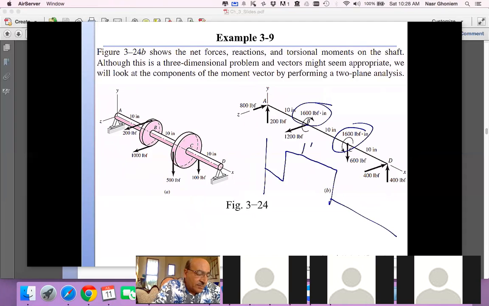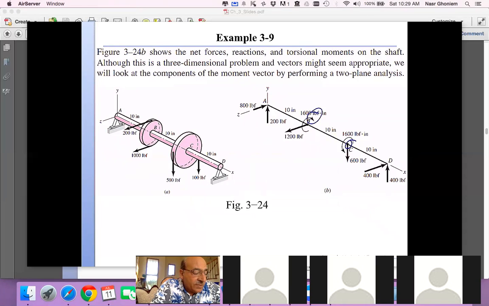So the torque between these 2 points, B and C, is 1600, and is 0 here and 0 here. Therefore, in a design, if I'm looking for shear failure, the shear failure is going to occur between points B and C. So the shear failure is going to occur somewhere in here.